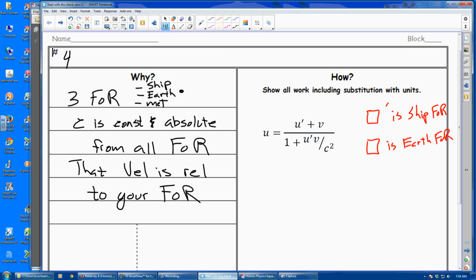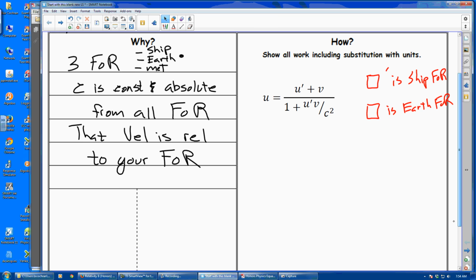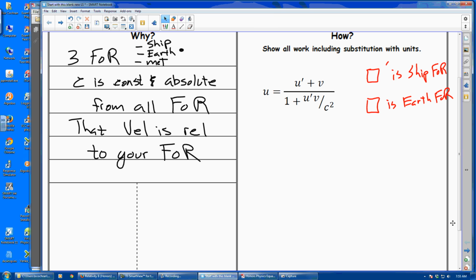So it's good to note that, because the biggest mathematical problem usually is substituting in incorrectly. So our u's are going to be the meteor. The v's will be the ship. Now it's just making sure that we put in the correct things in the correct places.